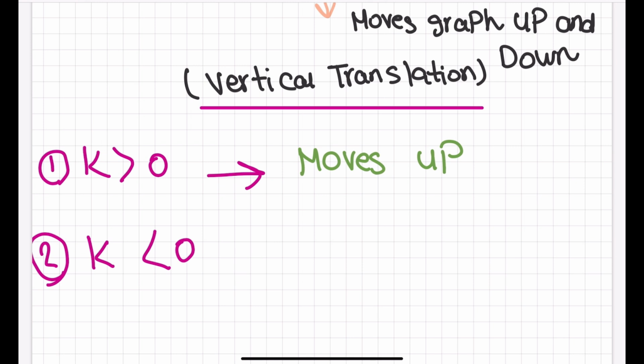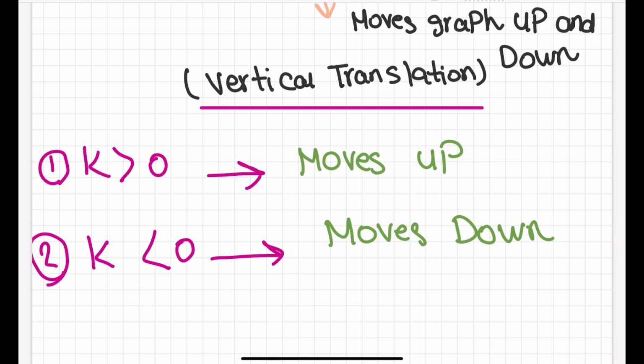And if your k is less than 0, your graph moves down. Just think like this: put a message in your head. If k is less than 0, so any number less than 0 is bottom, that means your graph moves down. And if k is greater than 0, which is a positive number, it moves up.